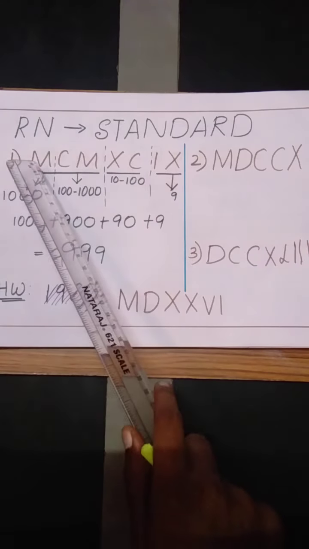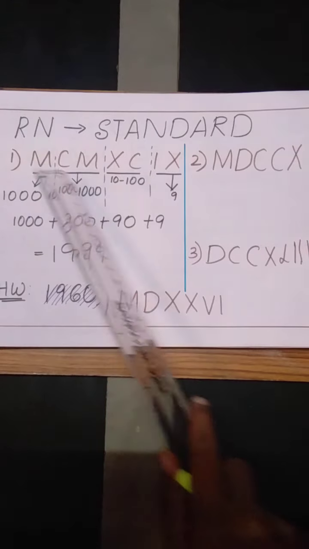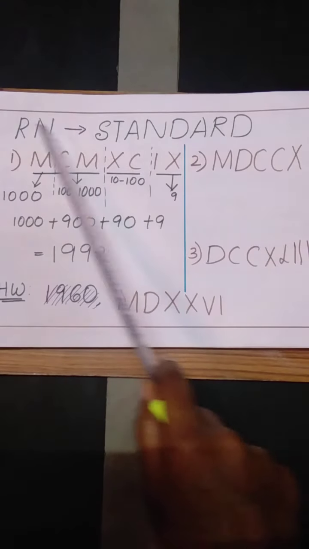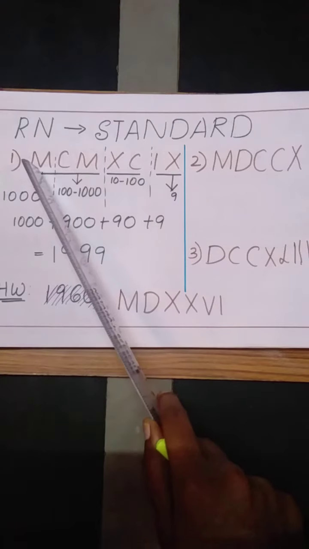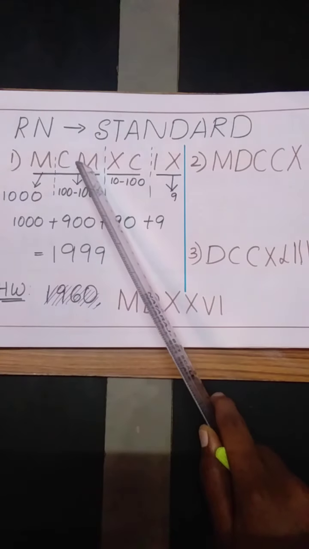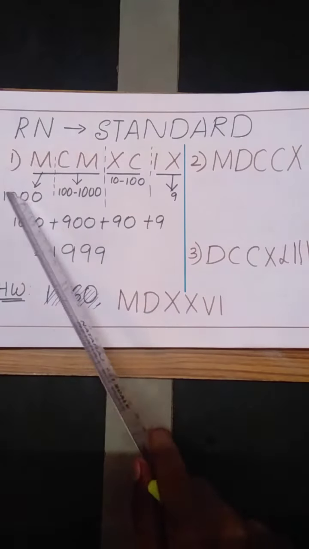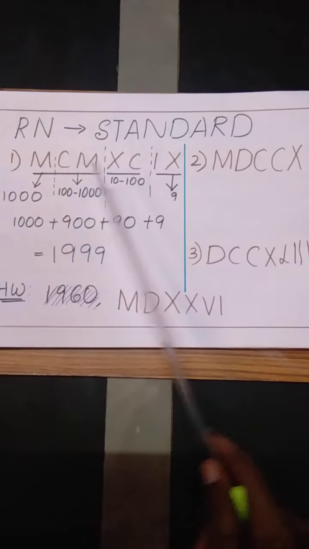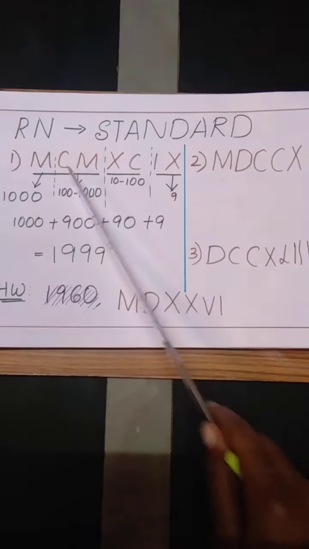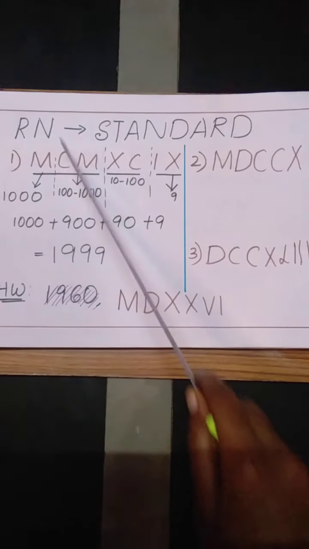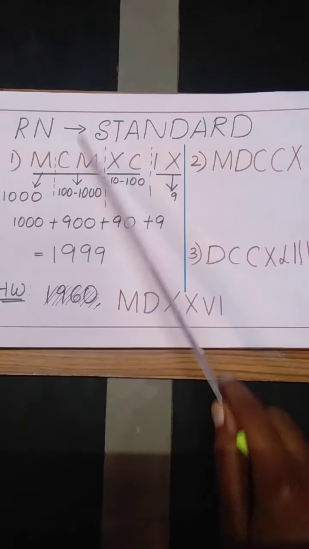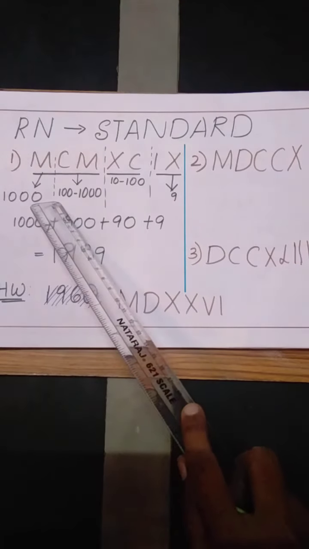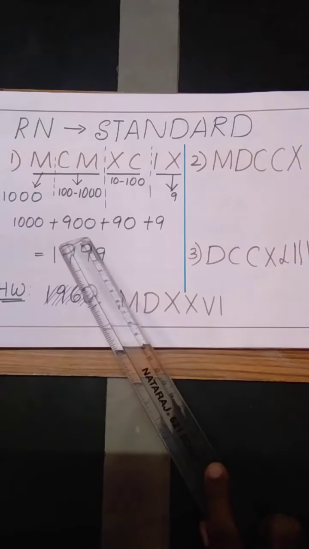Here the 4 digit symbol is M. Here also it is M. So we have to include all these 3 Roman numerals: M, C, M. M is 4 digit, which is 1000. See here, this is the larger symbol and this is the smaller symbol. That means it is following the rule of subtract. So we need to subtract 1000 minus 100. What will it be? 900.